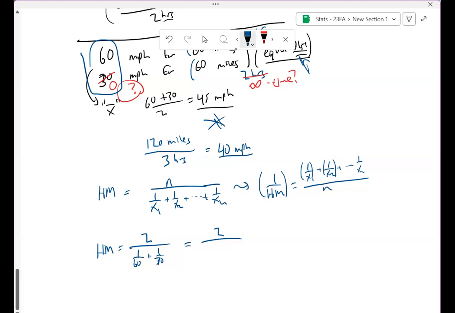Well, in the denominator, I want a common denominator of 60, so that's 1/60th plus 2/60ths over 60. So that gives me 60 times 2 over 3 when I flip my fraction of the denominator. 120 over 3 is 40 miles per hour. And that does mesh with what I would expect.